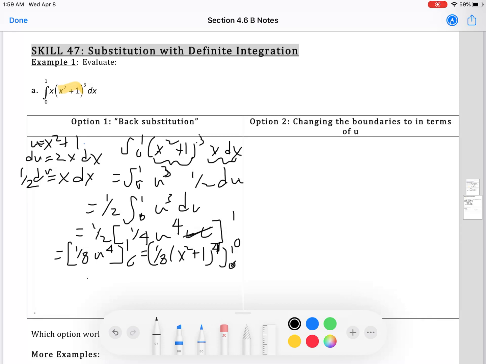Now we just plug in the 1 and the 0. So I get 1/8 times 1 squared plus 1 to the 4th, minus the 1/8 times 0 squared plus 1 to the 4th.